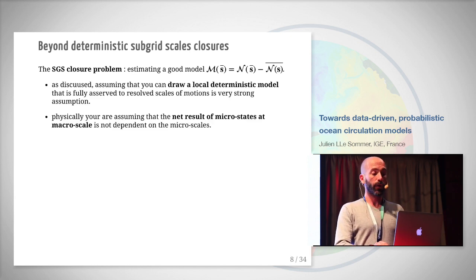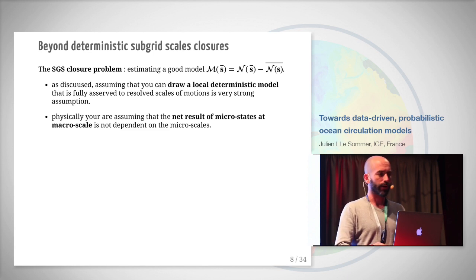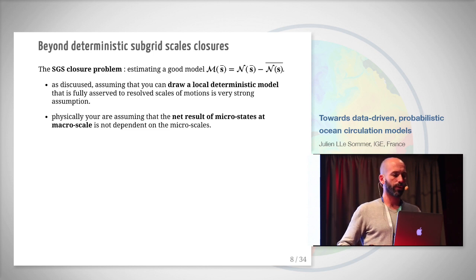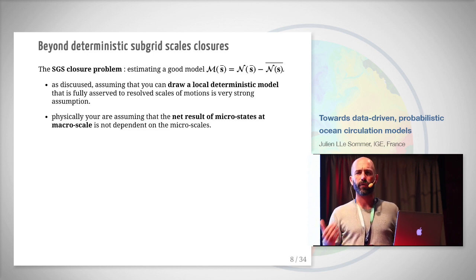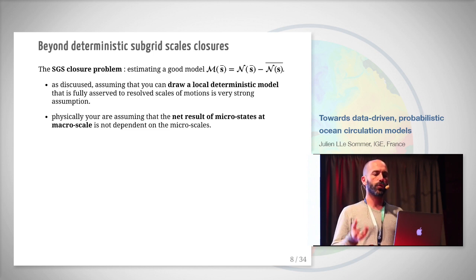Okay, stochastic modeling in ocean circulation models. For those of you who've been waiting for a lot of details there, I'll be very quick. I've simplified the lecture a bit over the break. I mentioned a couple of times during my previous two lectures that assuming you can draw a local deterministic model that estimates the impact of unresolved states onto resolved scales locally and deterministically is a very strong assumption.